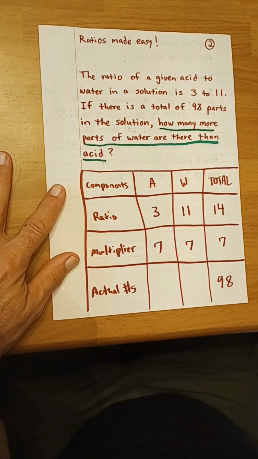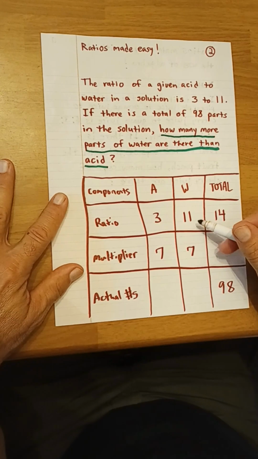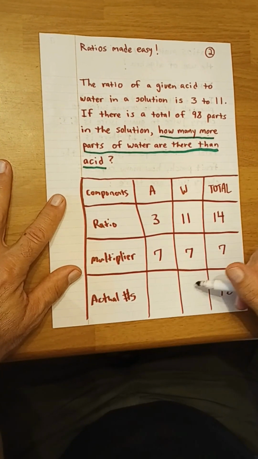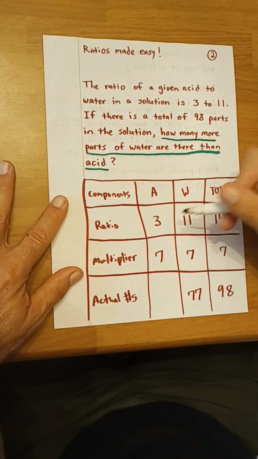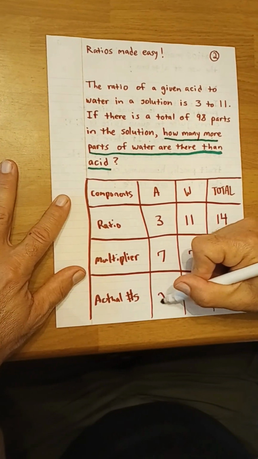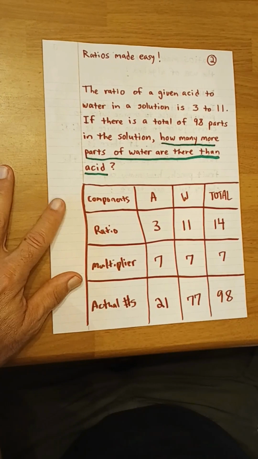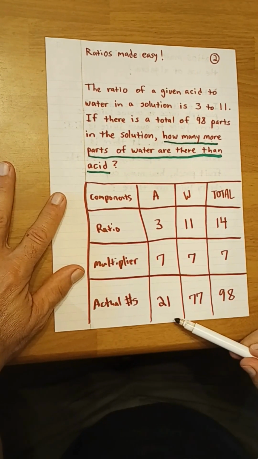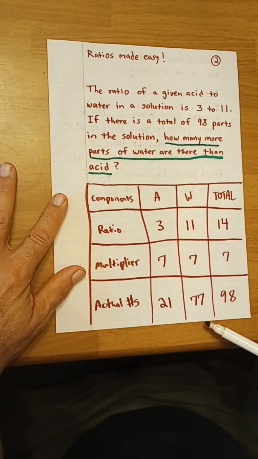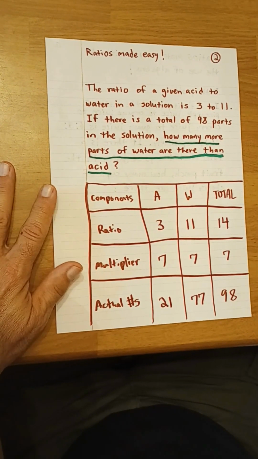Now we're simply going to multiply down. And we see here that 11 times 7 gives us 77 parts of water. 3 times 7 gives us 21 parts of acid. And I think you'll find that when we add 21 and 77, we do in fact get 98, right?